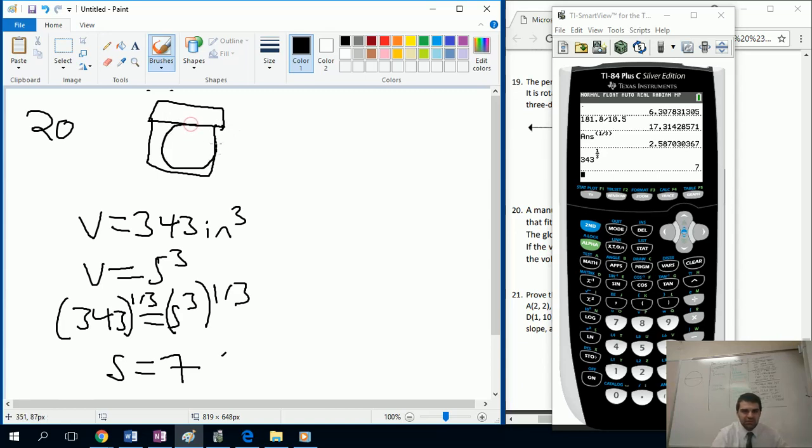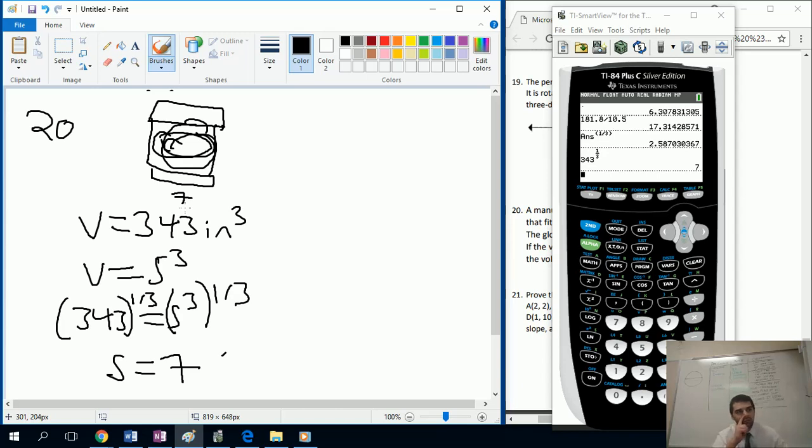So I don't really know how to draw a sphere, but we have the side length of the cube, that's equal to 7. And so you notice 7 is the side length of the cube. So the diameter is equal to 7.